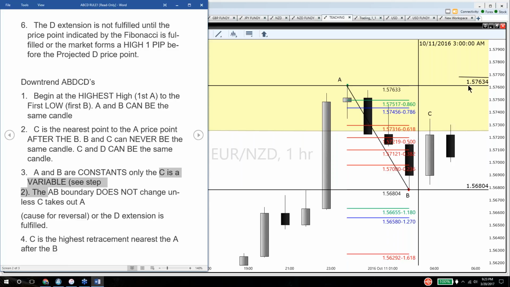Does that make sense? Just because of what C is, what it has to be. So if at any point the market decides to pull back closer to the A, I cannot insist that this is my C because this is no longer the nearest point to the A after the B. Period.